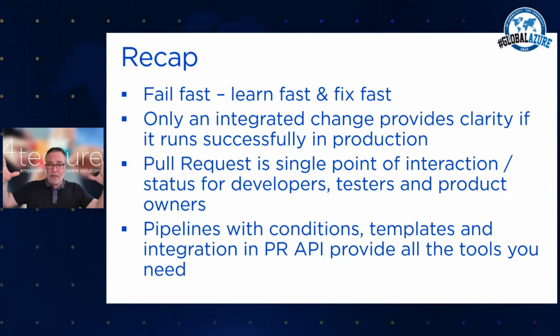So we have the same production environment or a copy of it. We integrate everything so we can test everything. So we are almost 100% sure it won't fail in production. Then the pull request should be the only point of interaction where all the changes come together, where all the decisions are being made, and only if everything is green inside the pull request, you're going to integrate it.